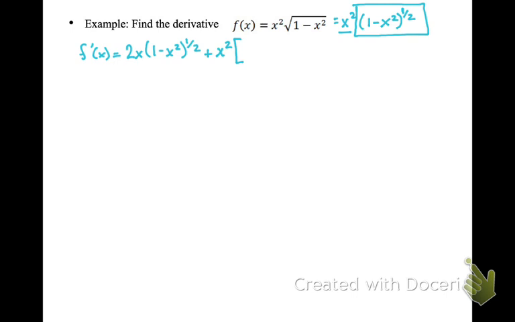So it would be 1/2, and then just write down what's inside, and 1/2 minus 1 is negative 1/2, times the derivative of the inside, negative 2x.